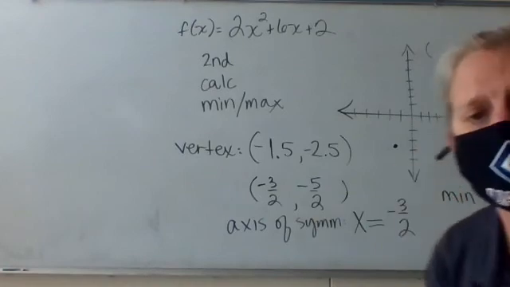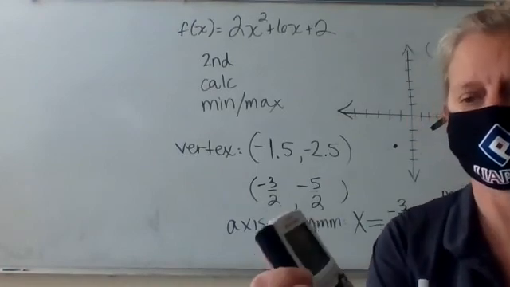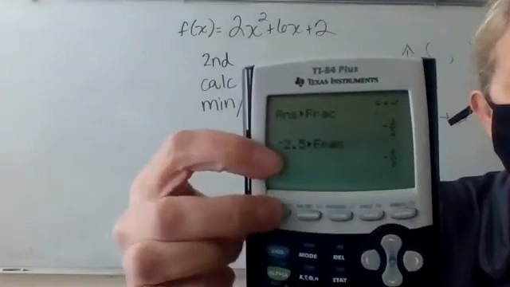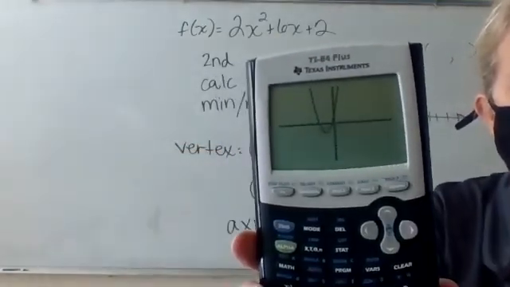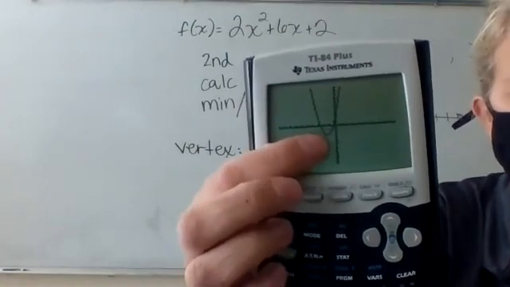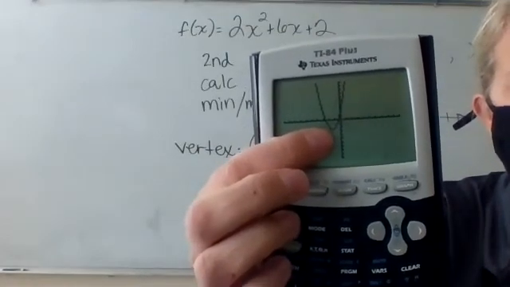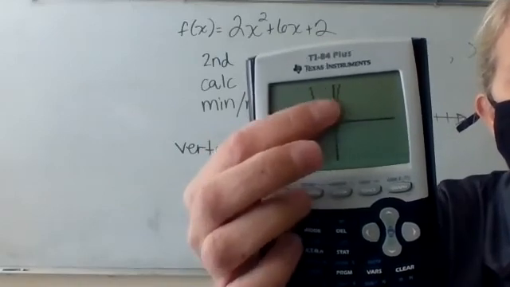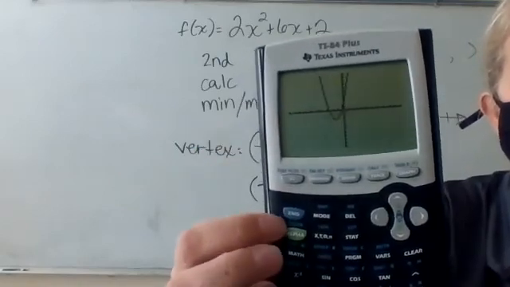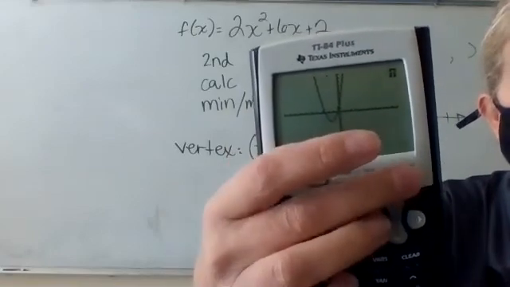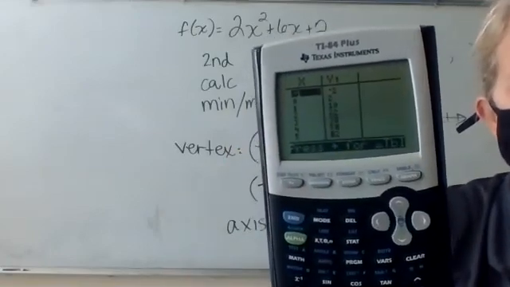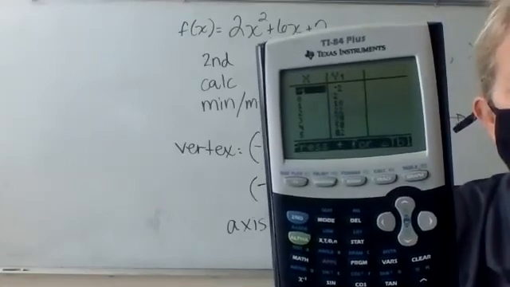Then it's going to ask you to plot another point. Your other point can be any point on the parabola, not just the vertex. So go back to your y equals. There's your graph with the vertex at negative 1.5, negative 2.5. But now I need another point on this graph. So remember, to get all the points on the graph, just hit second table and pick out any point you want to plot.